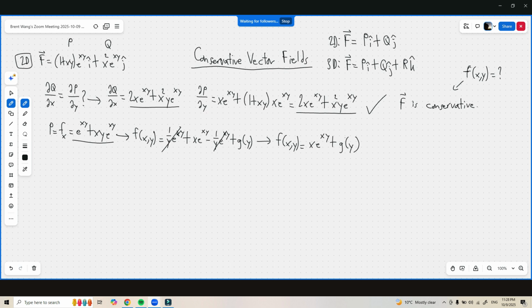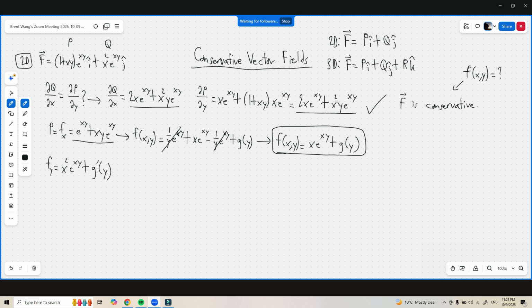Now let's differentiate f of xy with respect to y. So f sub y is equal to x squared e to the xy plus g prime of y.